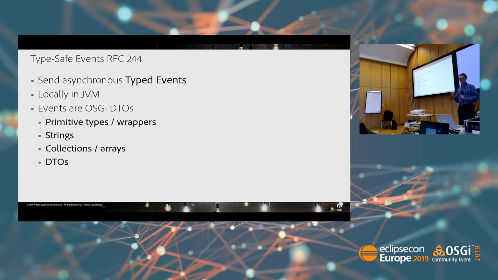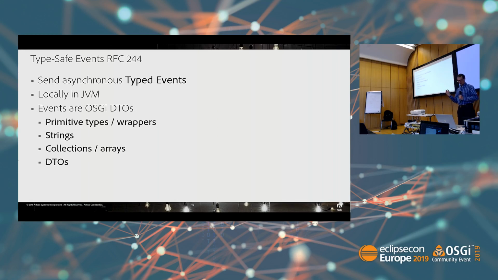But Typesafe events are about, similar to the concept of the OSGi Event Admin, sending events within the framework from one entity to another, but now instead of sending plain maps, you use typed events, typed objects, so that you don't have to interpret the map and read out what you understand. Rather than that, you get your object and can use it straight away. The idea with Typesafe events is that your objects will be OSGi DTOs or similar to OSGi DTOs.